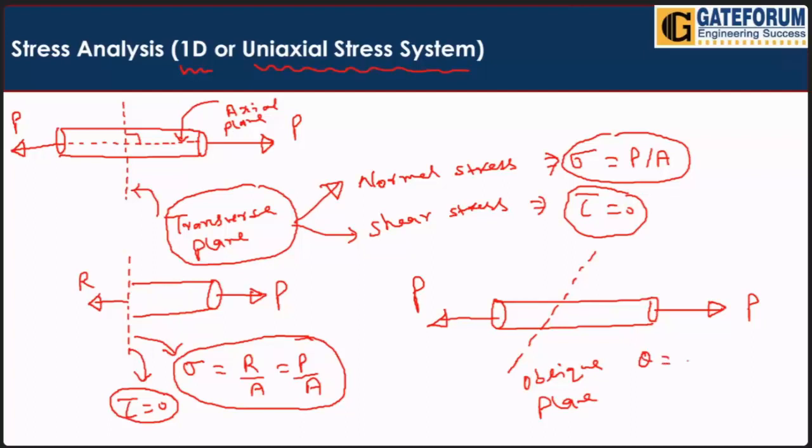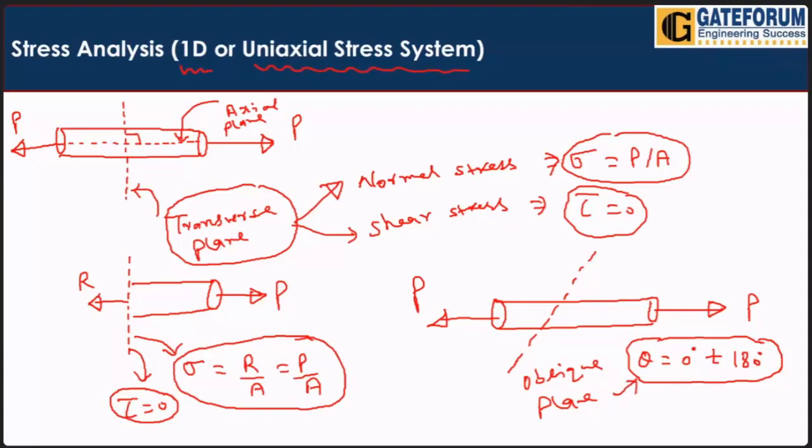Theta can be from 0 to 90 degrees, or 0 to 180 degrees. Yes, definitely 0 to 180 degrees. The location of the plane changes if theta changes. So an oblique plane will be at some angle theta.